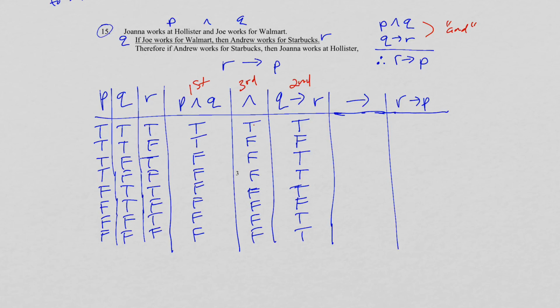Okay. Now fourth, we have to do this guy over here, and then this is going to be last here. So if R, then Q. All right, so this one we have to look backwards.